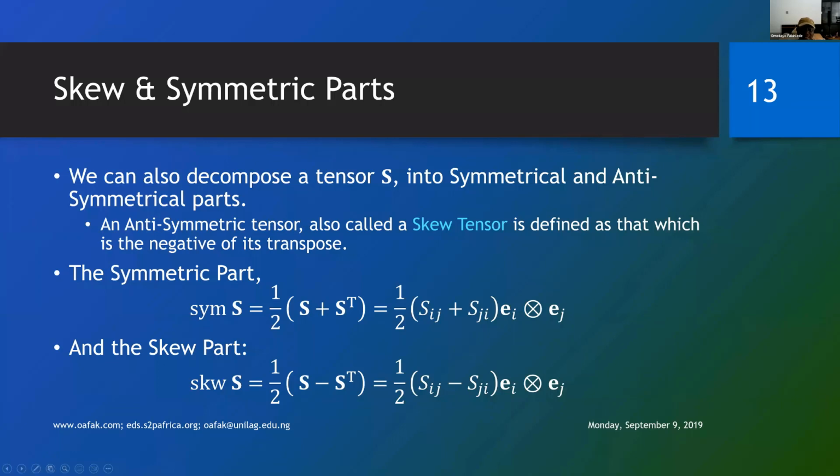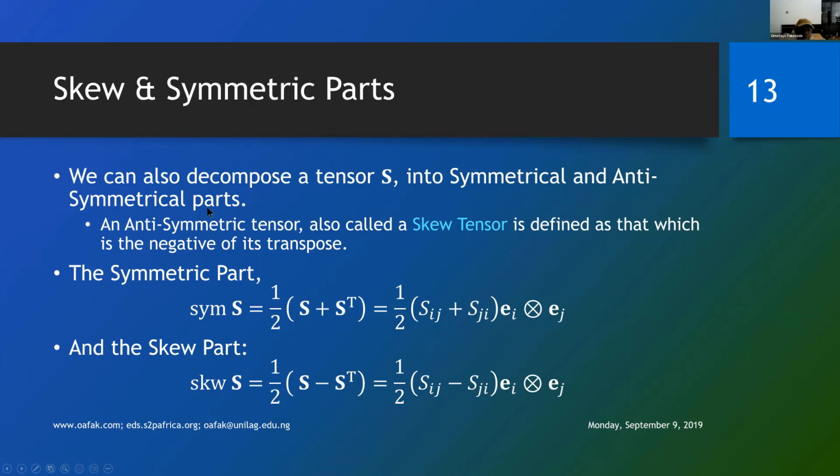The skew part is half of the difference between the tensor and its transpose. You can easily see by adding these two equations that if you add the symmetric part and the skew part, you are going to recover the tensor itself. It is easy to see from these expressions.